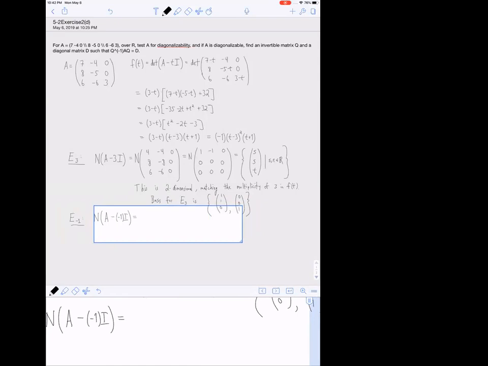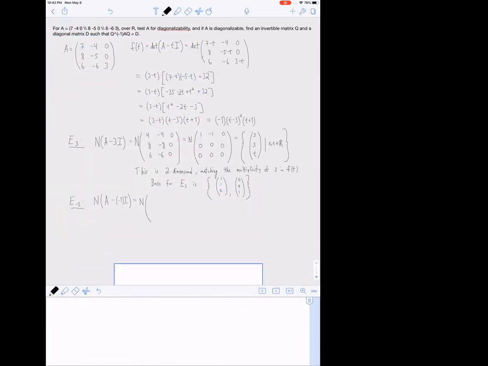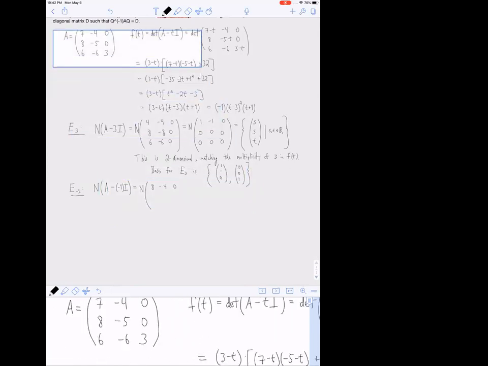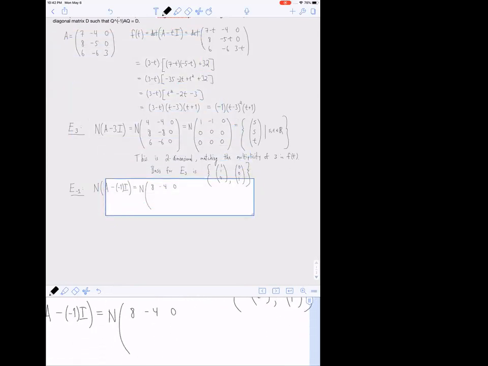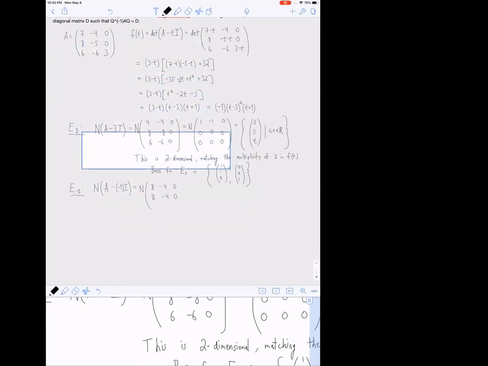So that's going to be the null space of A plus the identity, just adding the identity. So that'll add 1 to each of the diagonal entries. So I'll have an 8, minus 4, and 0. Second row will be 8, minus 4, 0. Oh, that looks good. And the last row will be 6, minus 6, 4.